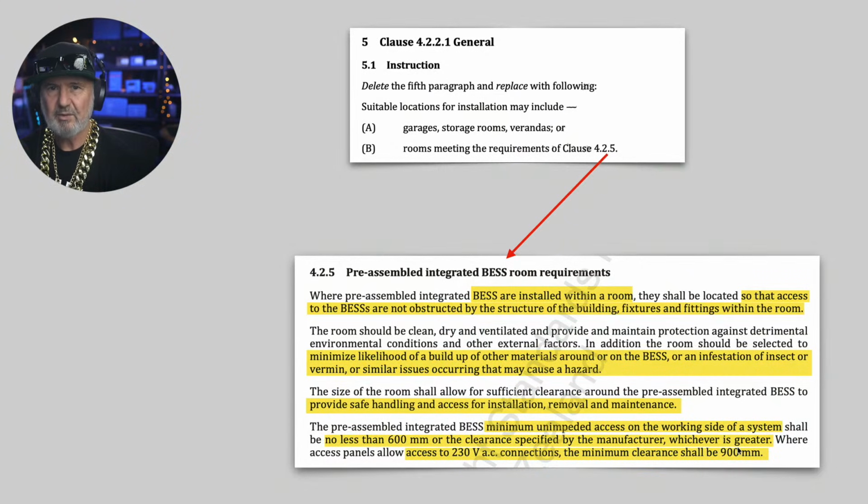And no less than 600 mm of clearance, or the clearance specified by the manufacturer, whichever is the greater. So minimum 600, but if the manufacturer says 900, then it's 900, or 1 metre, whatever. The manufacturer's recommendations must be applied. But where access panels allow access to 230 volt AC connections, the minimum clearance shall be 900 mm. So once you've got 230 volt AC, you now have an extra requirement of 900 mm.